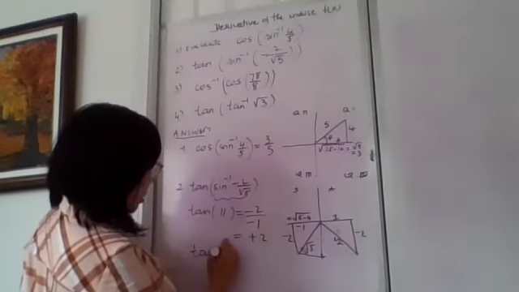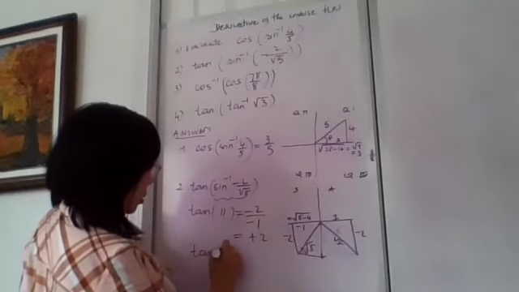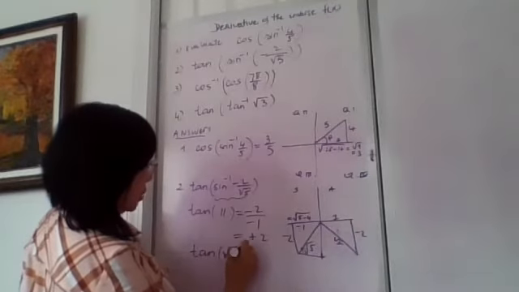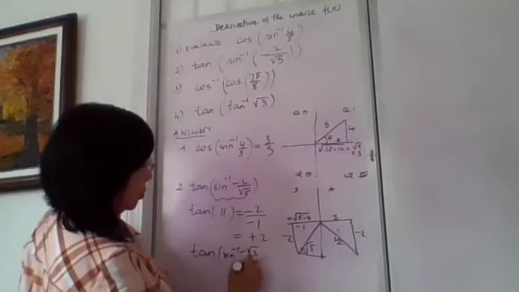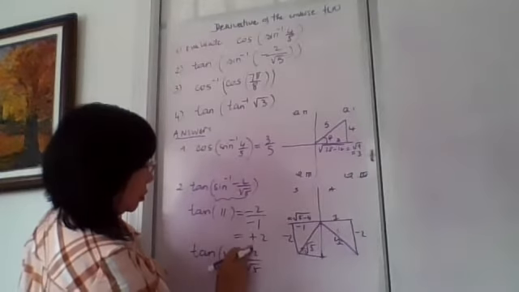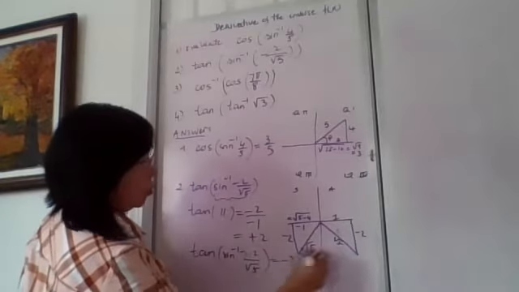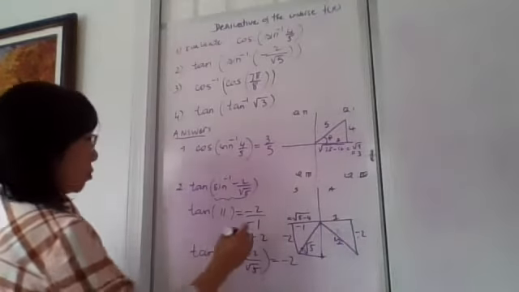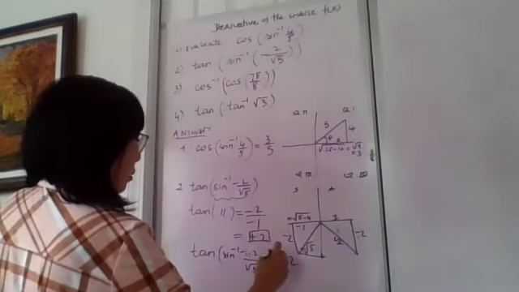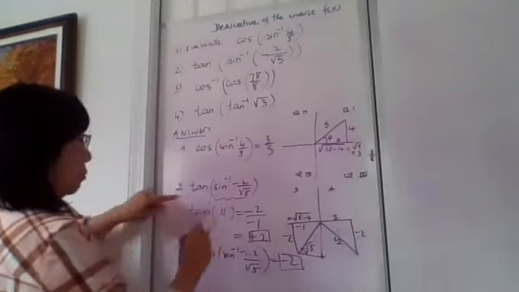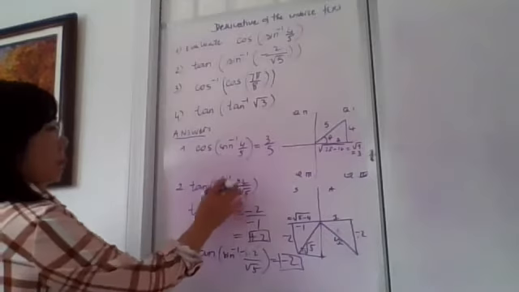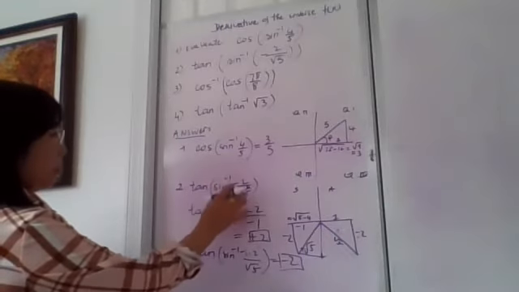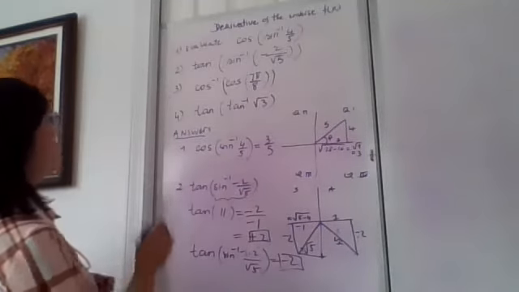The other case will be minus 2, because minus 2 over 1 is minus 2. So we have two answers in here for the tan of this value.